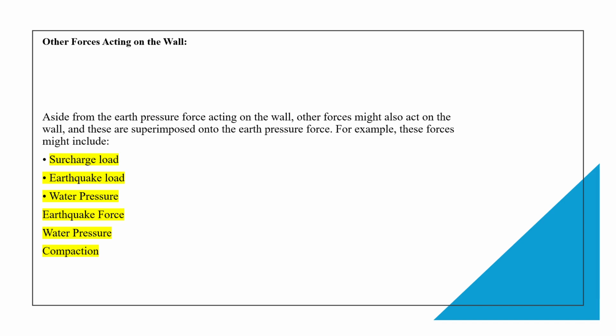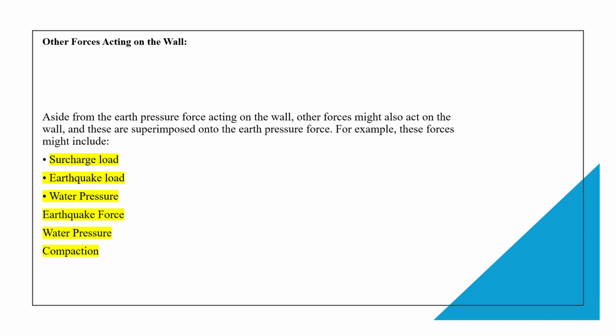For the surcharge load, a surcharge load results from forces that are applied along the surface of the backfill behind the wall. These forces apply an additional lateral force along the back of the wall.